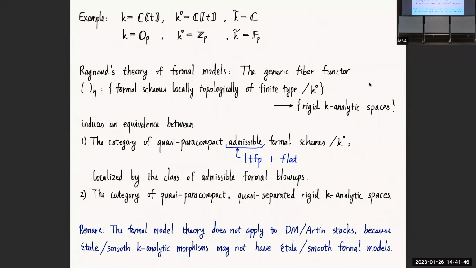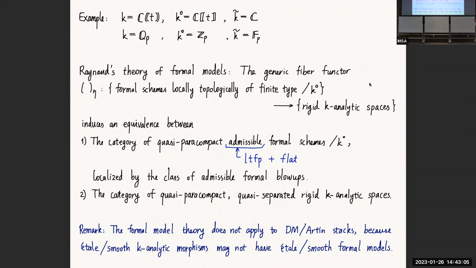And that's for spaces. Unfortunately, this formal model theory does not apply to stacks, neither to Deligne-Mumford stacks nor to Artin stacks, because stacks are glued using smooth or étale maps, and when we consider formal models of smooth and étale morphisms, they are no longer smooth or étale.